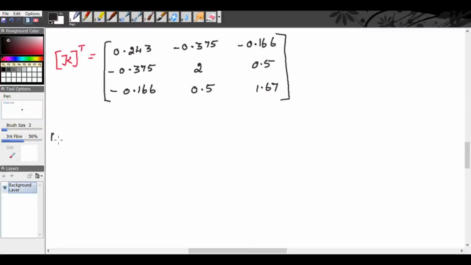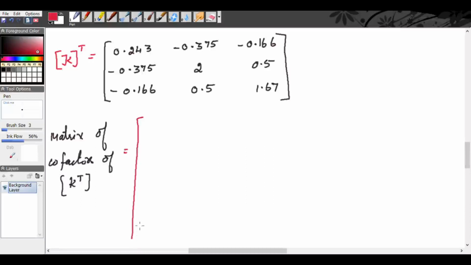Okay. So matrix of cofactors of K transpose is equal to, so it is matrix, right?